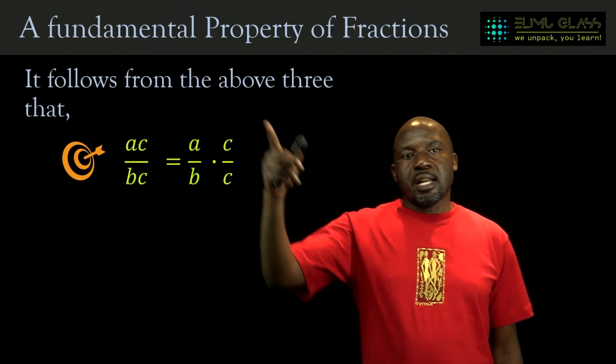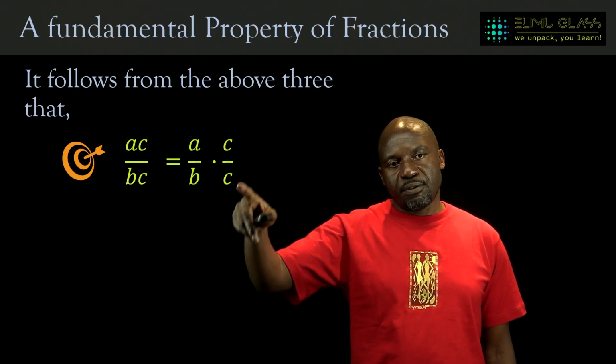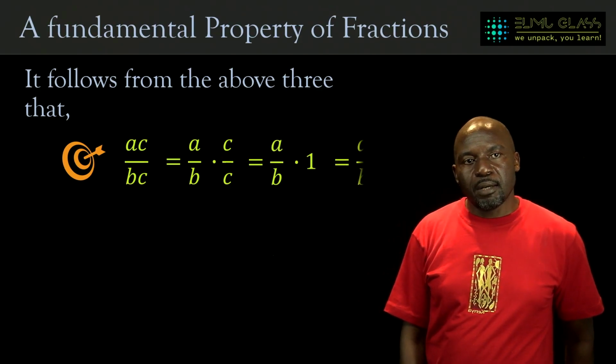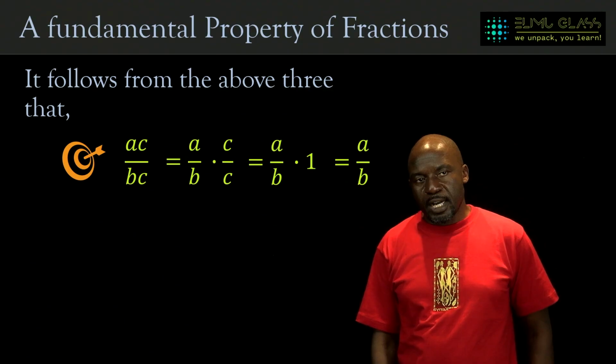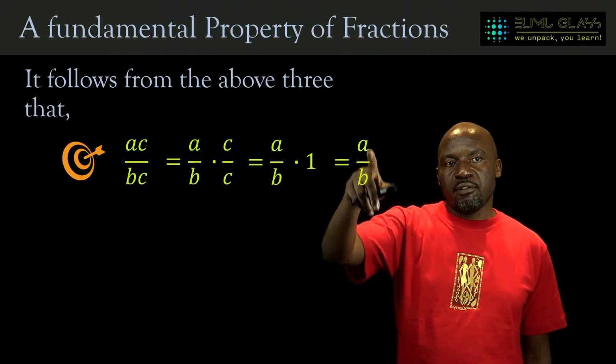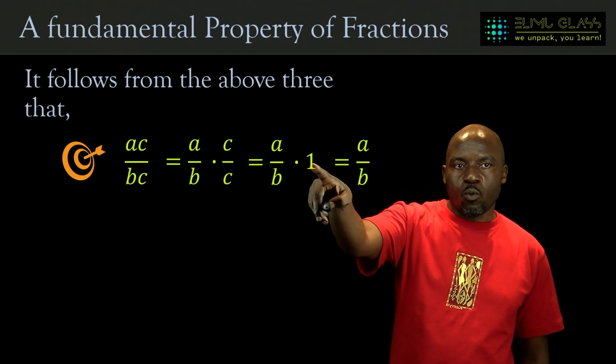But we've seen that a number divided by itself is 1. So I can replace c over c with 1, and so the answer becomes a over b. So we need to be able to see that this basically reduces to a over b, because c cancels the c there to give us 1.